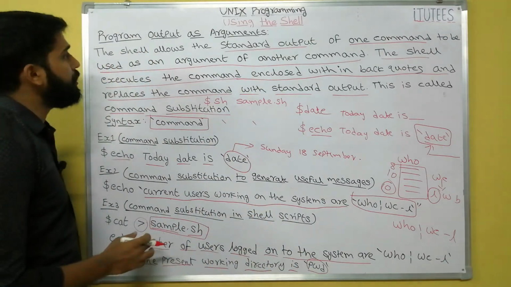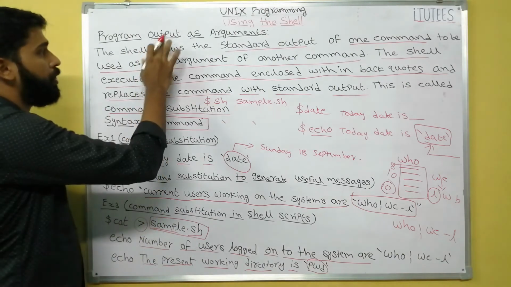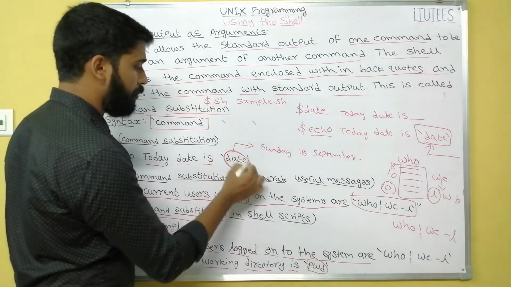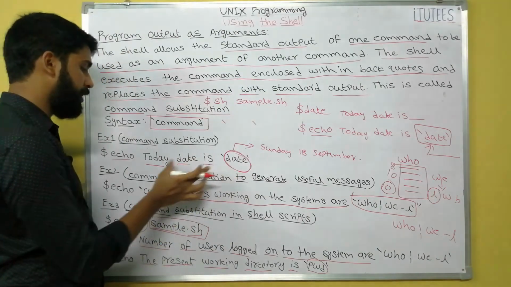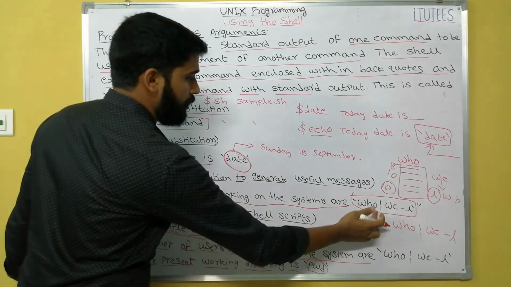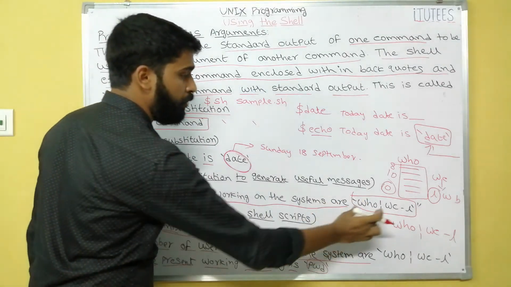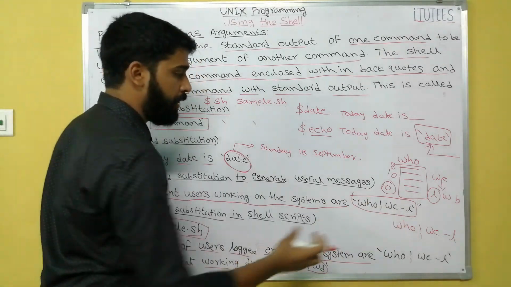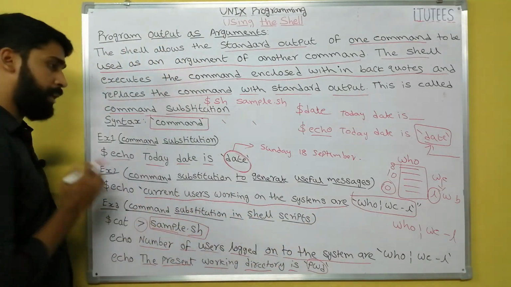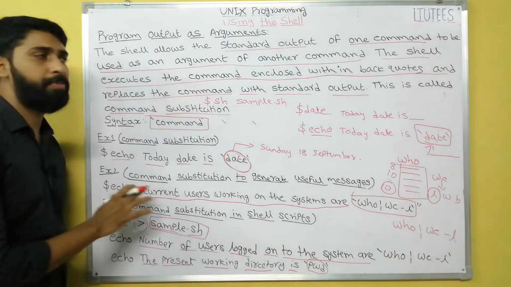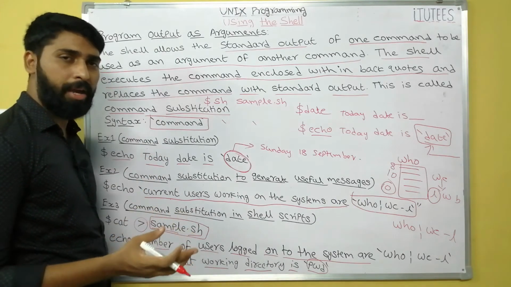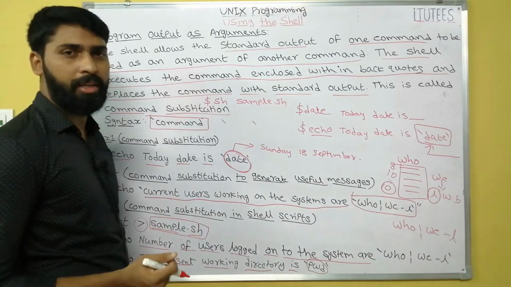In this way you use program output as an argument. Program output is nothing but, here, date is a program and its output is used as an argument. In the next example also, who pipe wc -l is the program, and the output of this program is used as an argument to echo. I hope you all understand how you can use the output of one command as input to another command.